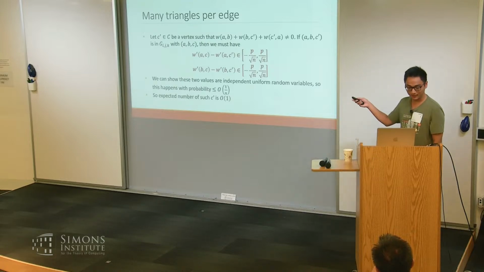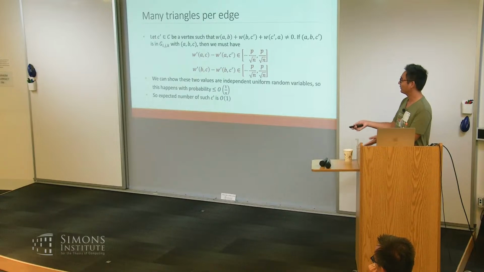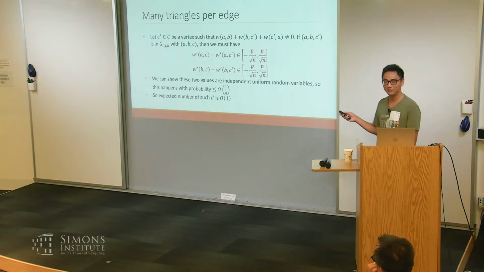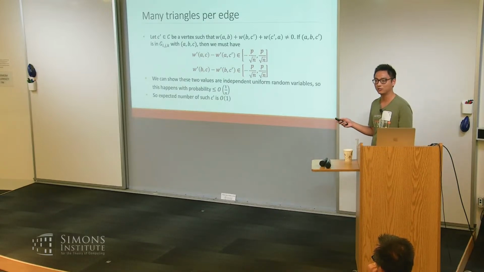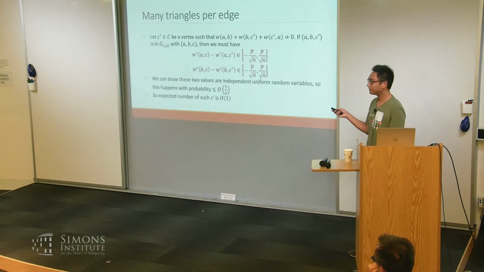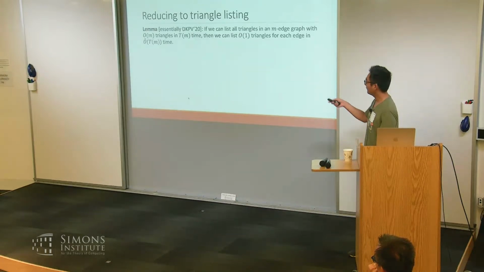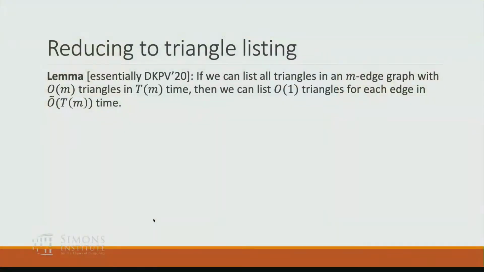Because we resolved two bad cases, that concludes the proof that listing O(1) triangles for each edge is hard. And finally, we want to show hardness of the original problem: listing O(m) triangles in an unweighted graph with O(m) triangles is hard.